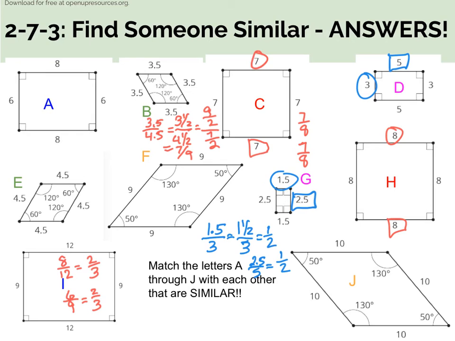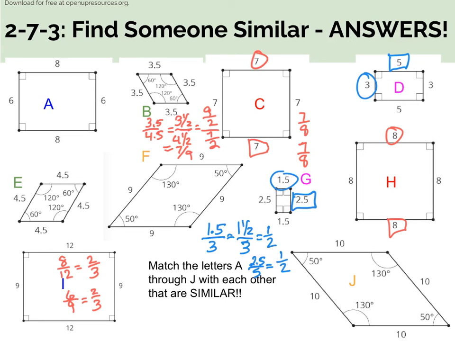Let's look at F, that's this one, and J. So all of the angles, we have 50, 50, 130, 130, 50, 50, 130, 130. All the angles are the same, and then we can also do the same thing with the scale factors. And as we can see, all the sides are the same. This is a rhombus. The only difference between a rhombus and a square, or a rhombus and a rectangle, is that the angles are not 90 degrees.